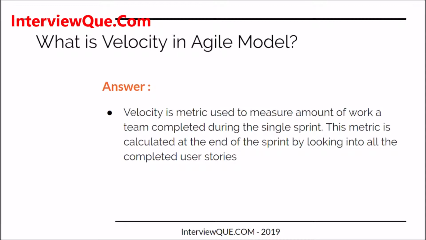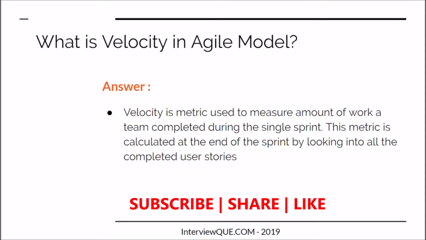This metric is normally calculated at the end of the sprint by looking at all the completed user stories. You should keep remembering this metric all the time in the agile model.